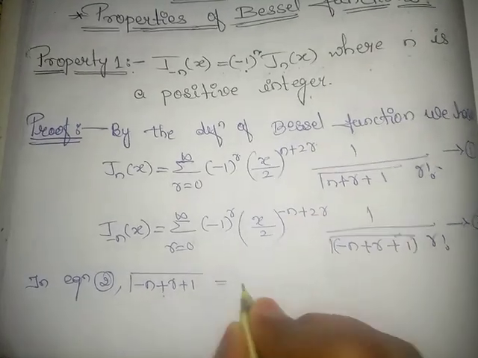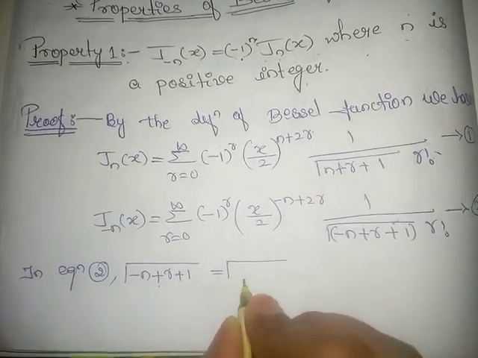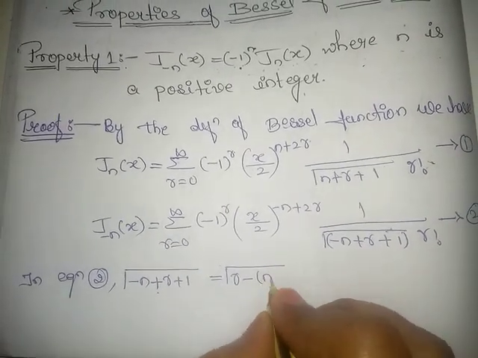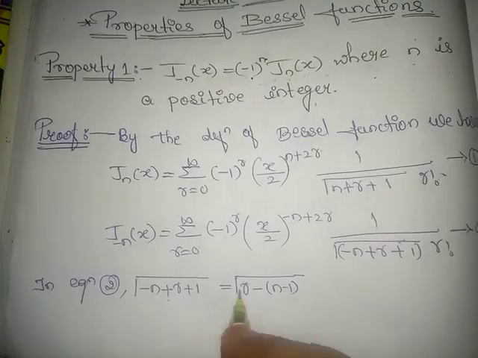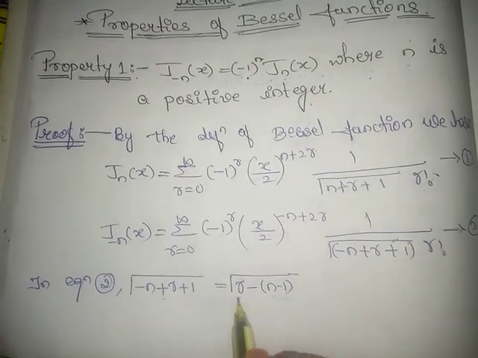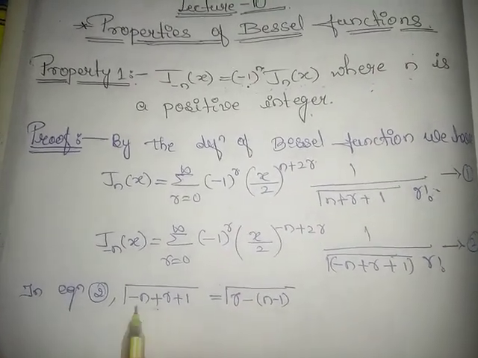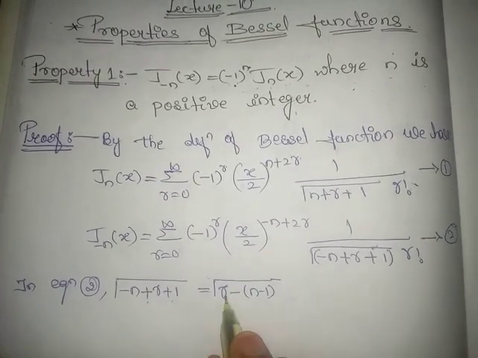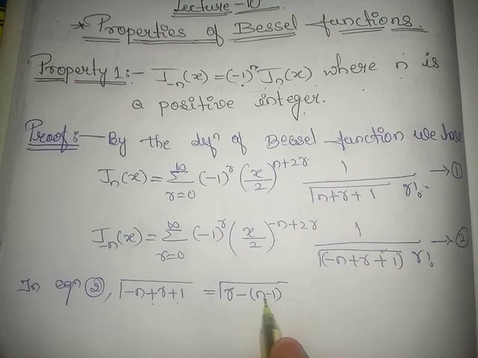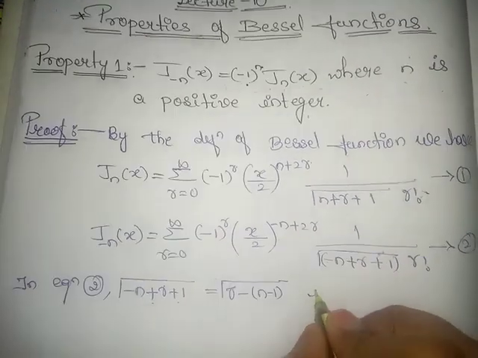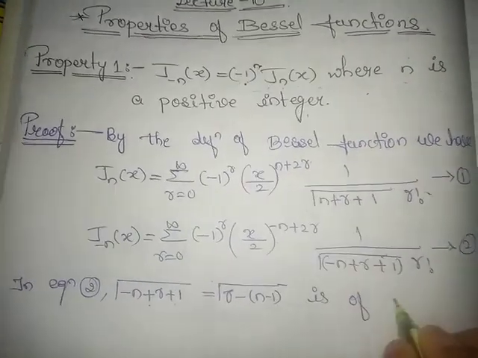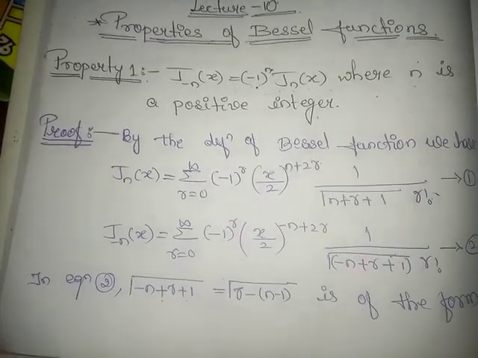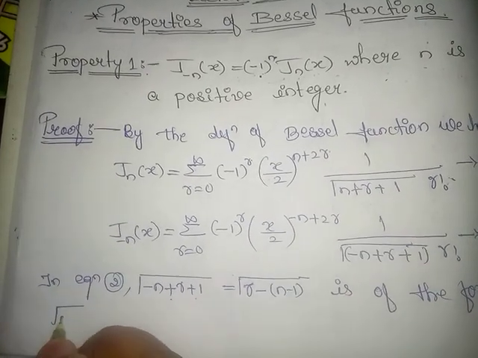This can be written as gamma of r minus of n minus 1. This is of the form gamma of minus k.